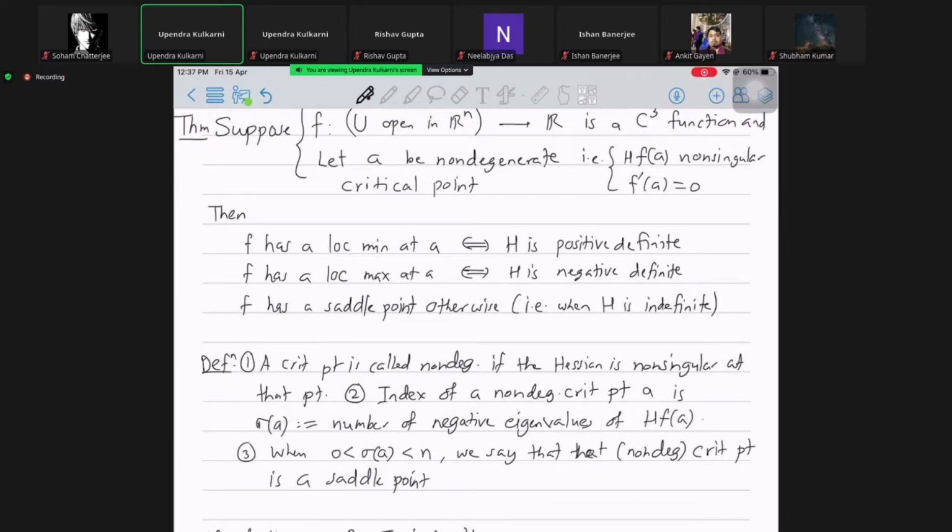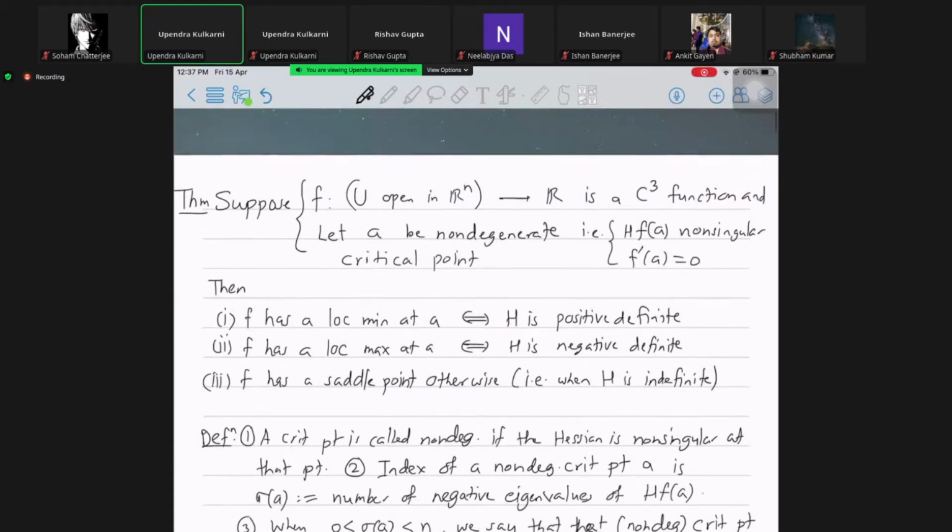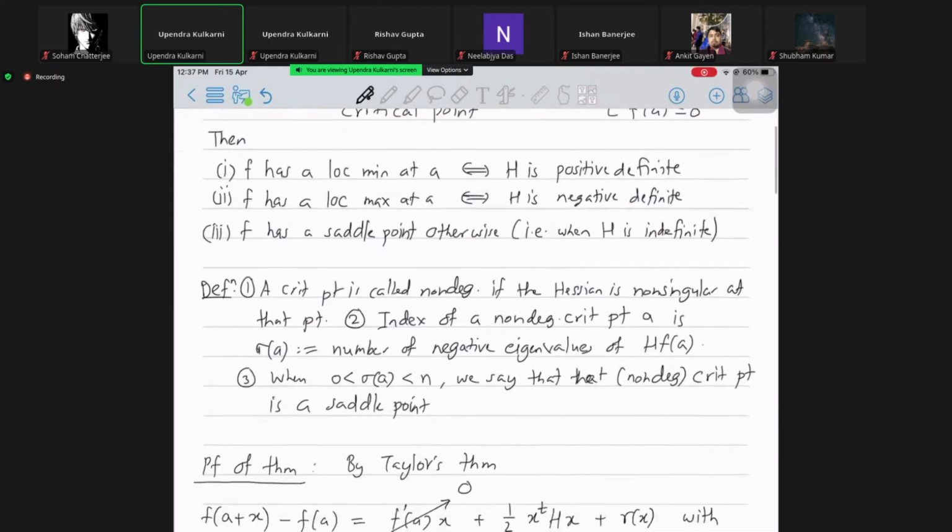So this is statement number 1, 2, and 3. Now 3 is more or less definition, but we have proved number 1, and number 2 was really just the same as statement number 1. You just applied it to minus f. So let us see what the meaning of this saddle point is. Let's recall the definition.